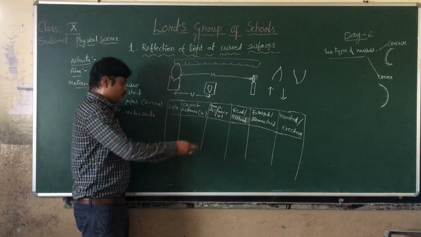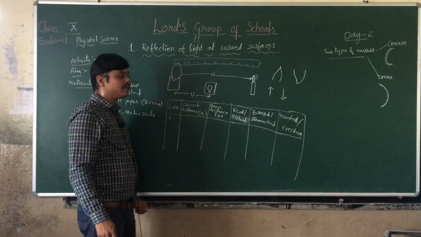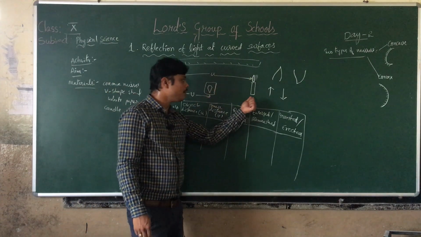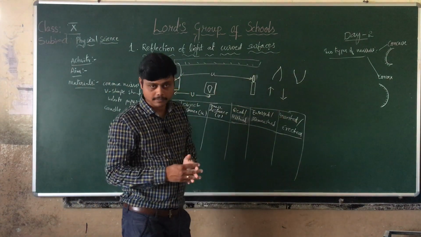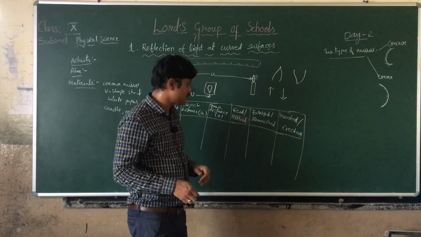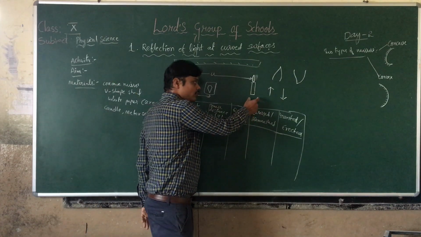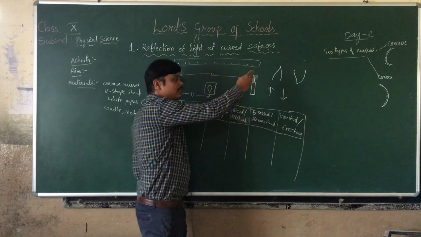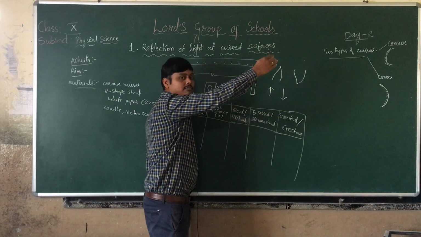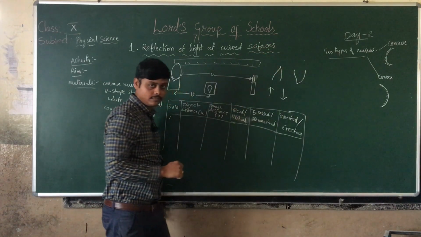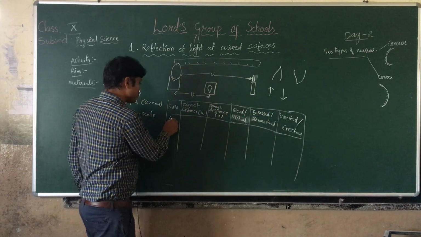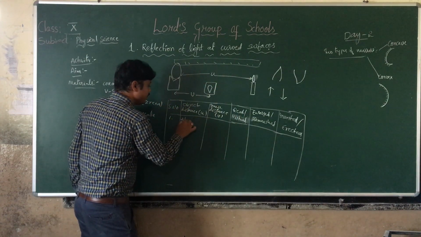And let us do this experiment by placing the object at different distances. First, we know that the object is placed at a certain far distance, at infinity. Let us assume the first position, the object is at infinity.